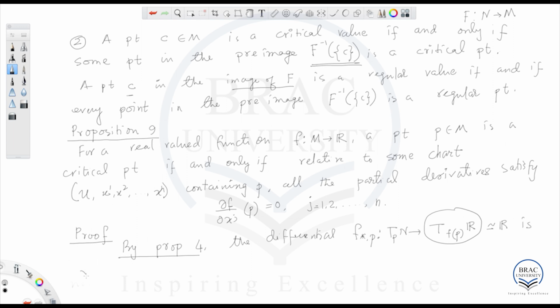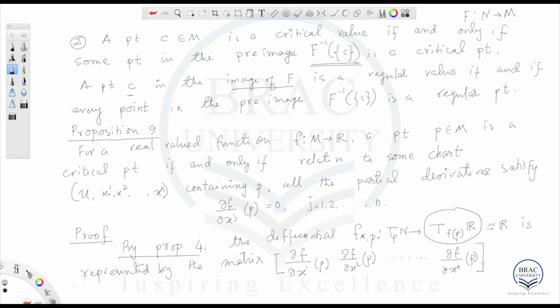This is represented by the matrix del f by del x1 at P, del f by del x2 at P, all the way up to del f by del xn at P. This is a 1 times n matrix.